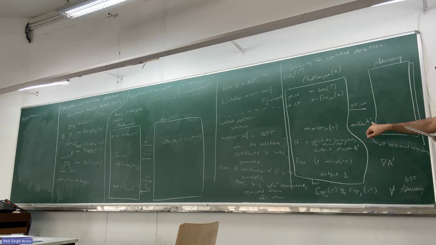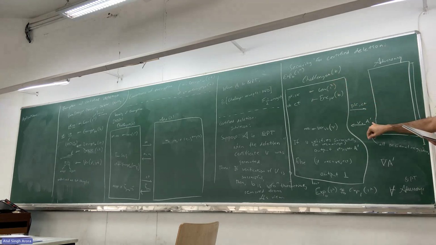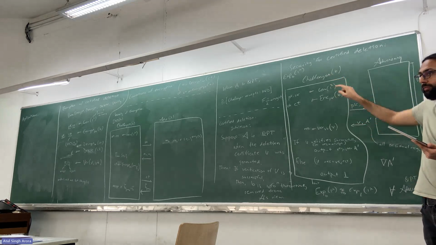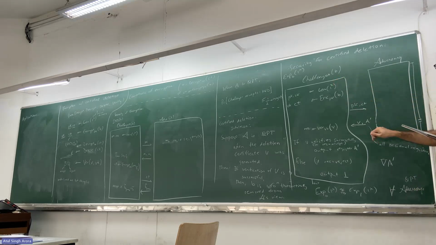Now the claim is that the residual state he has, which is A prime, is statistically independent of B. Whether A prime was generated when B equals 0 was given or when B equals 1 was given, the state is statistically indistinguishable. So the adversary, even if it gets arbitrarily powerful, cannot use A prime to recover B.